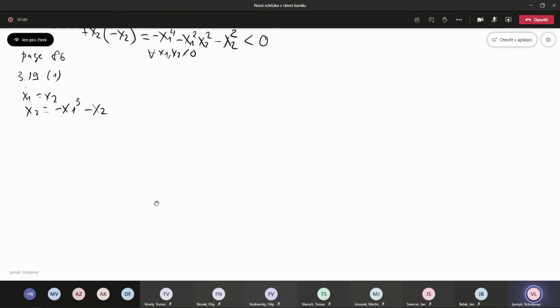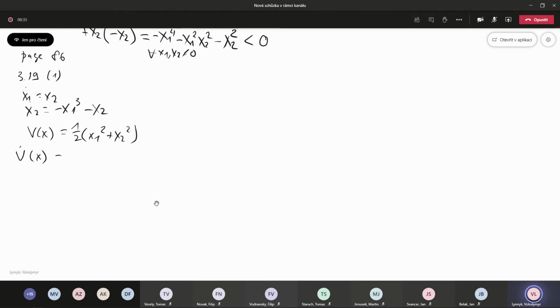Okay, let's take the next Lyapunov function V(x), this classical one, one half x1 squared plus x2 squared.